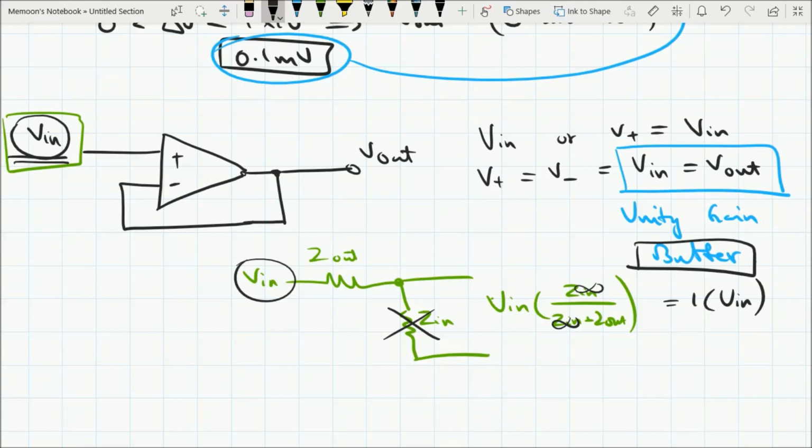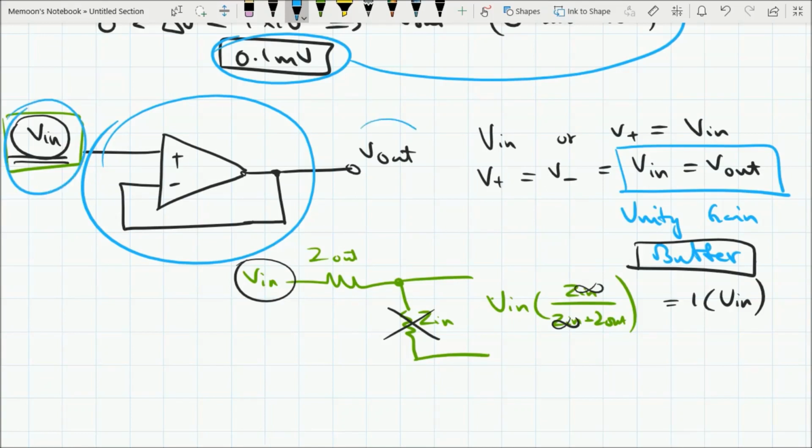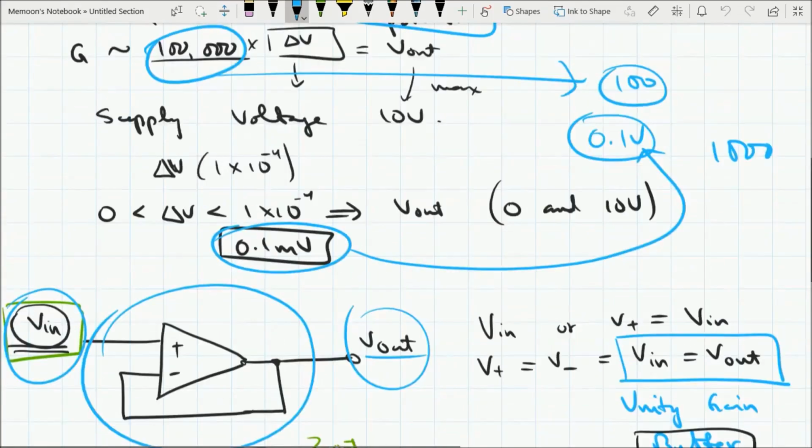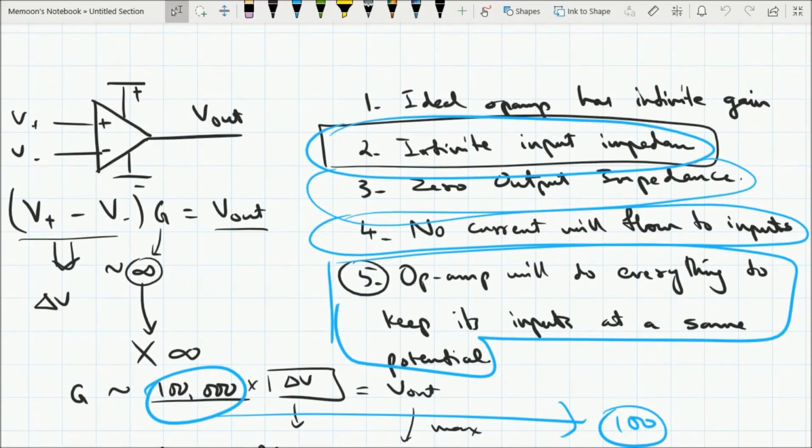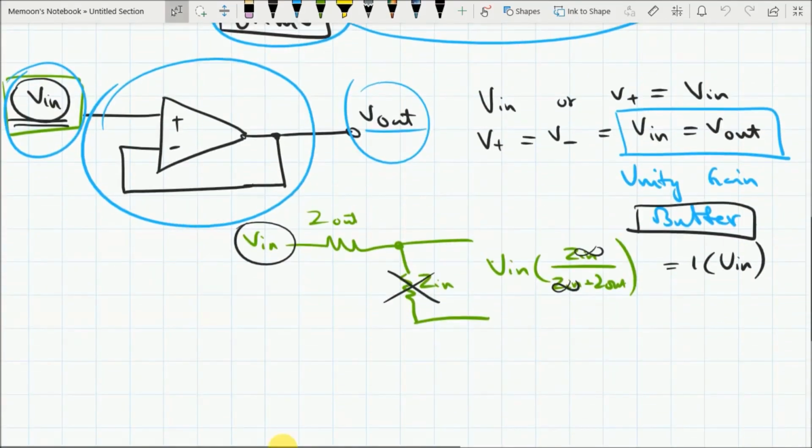So if we want to connect two systems together and we want to reduce or eliminate the effect of loading, we include a unity gain buffer between our input and our system. So now this V out can be supplied to any other system, and as we know, the output impedance of this op amp is 0.